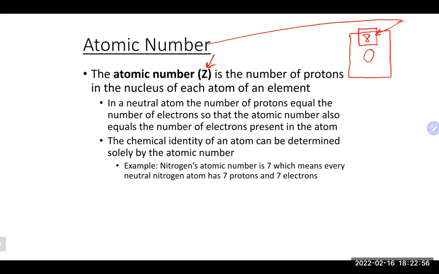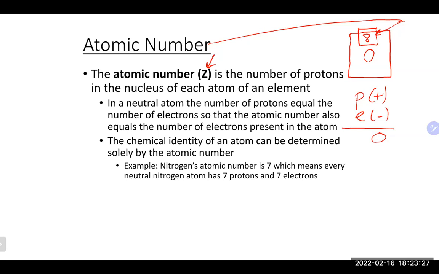Now, if we happen to have an atom that is neutral, and we know the number of protons which are positively charged, that means that we should have an equal amount of electrons which are negatively charged to give us an overall charge of 0, or being neutral. So the other thing that the atomic number can tell you is, if you're dealing with something that is neutral, it will tell you the number of protons for sure, and it can also tell you the number of electrons that are there.